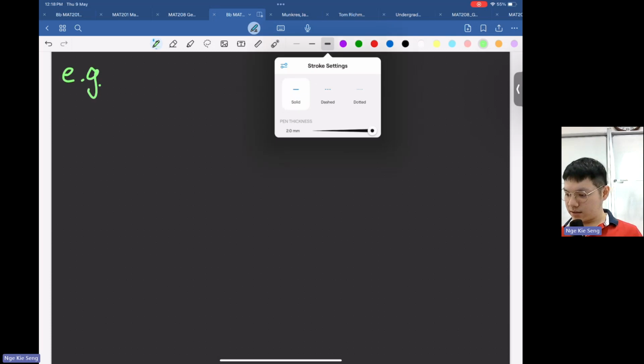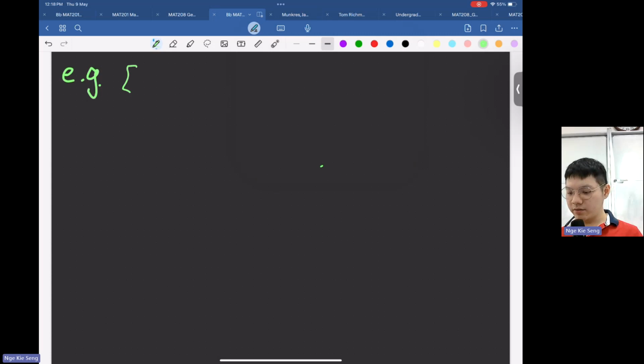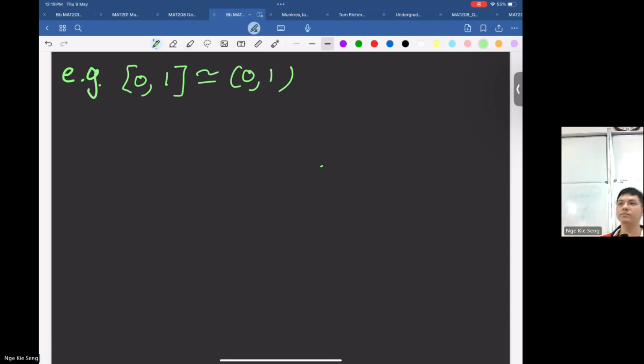We will say that the closed interval [0,1] is not homeomorphic to the open interval (0,1). It's not homeomorphic.